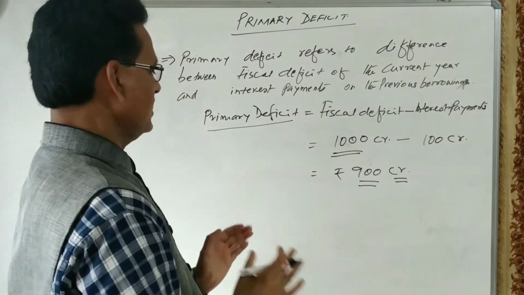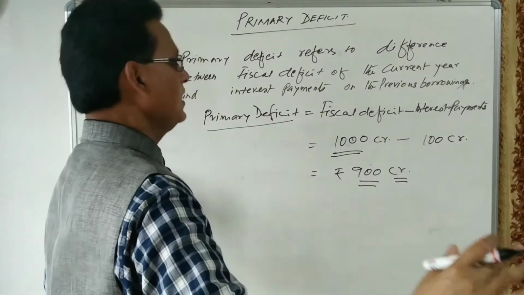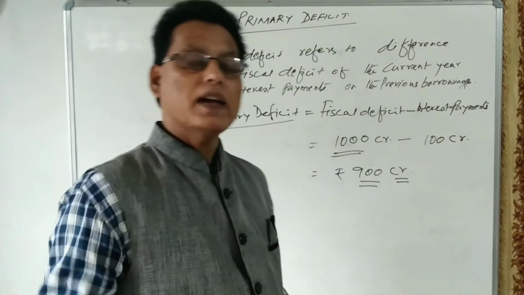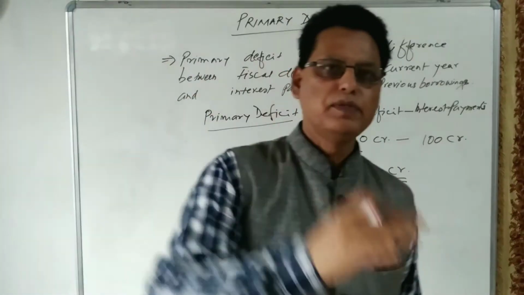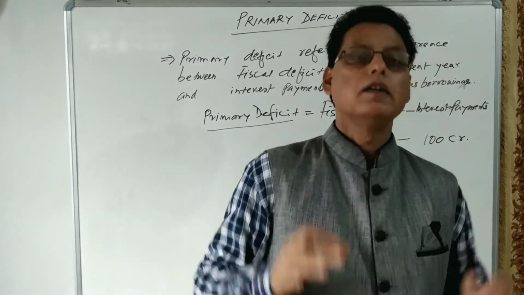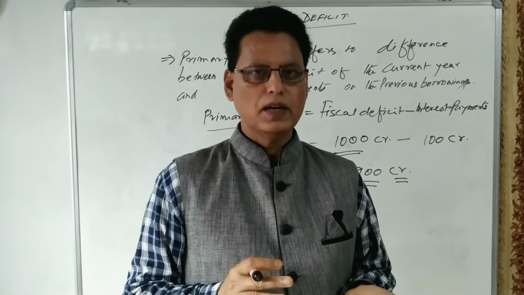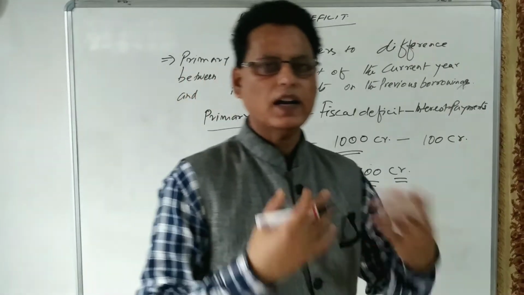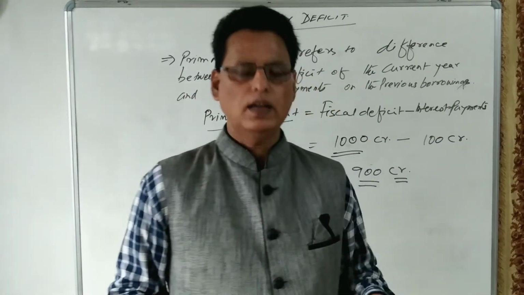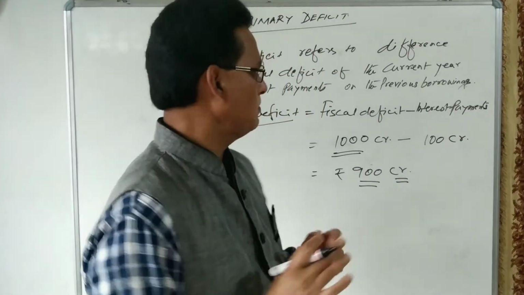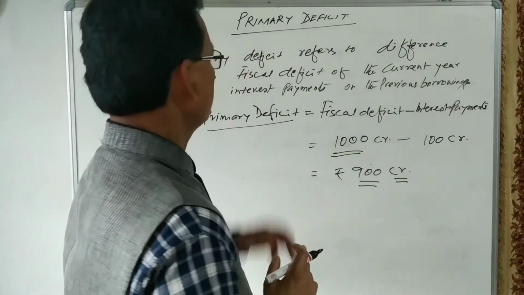The primary deficit can be increased by reducing the interest payment, or by settling the previous loans taken by the government, so that the current borrowing can be used for developmental purposes. I think this concept is clear to all of you. This is the primary deficit.